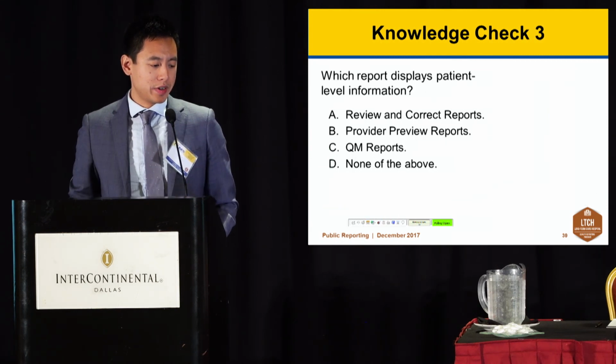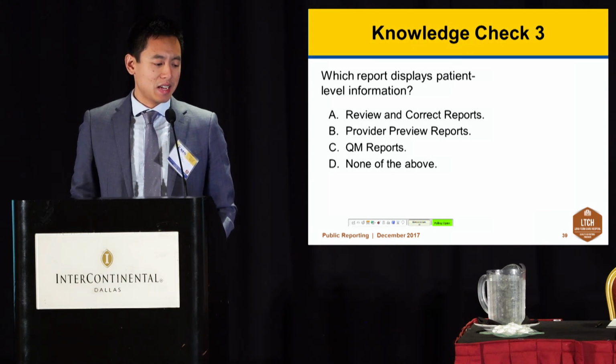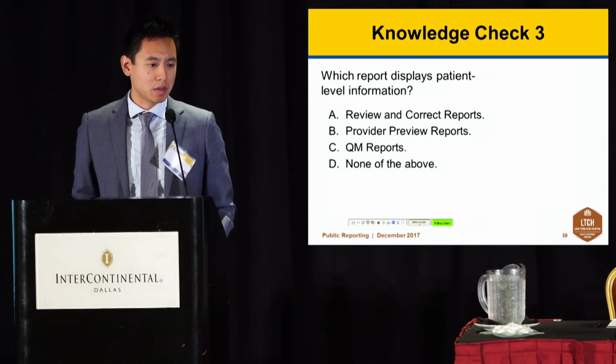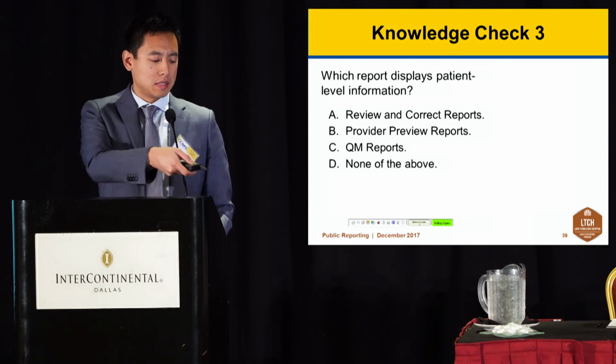Then knowledge check 3, which report displays patient level information? Is it A, review and correct reports, B, provider preview reports, C, QM reports, or D, none of the above?